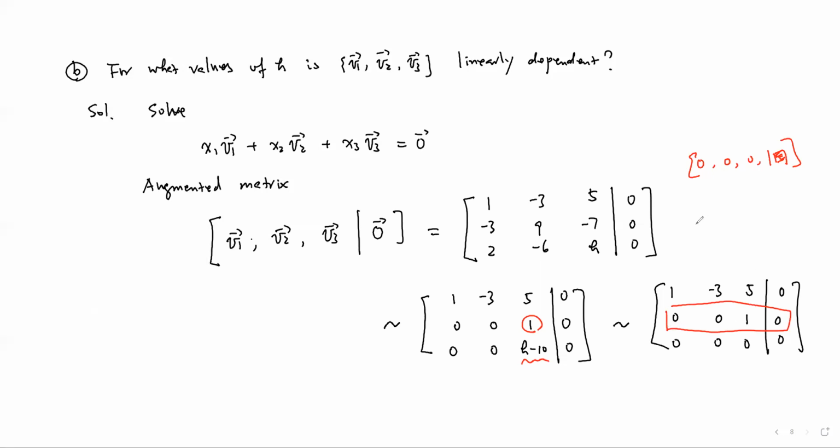Actually, the second row is this equation: 1 times x3 is 0. So there is a solution. The solution is x3 is 0. Okay. The linear system has a solution. Now next, ask yourself, how many solutions?